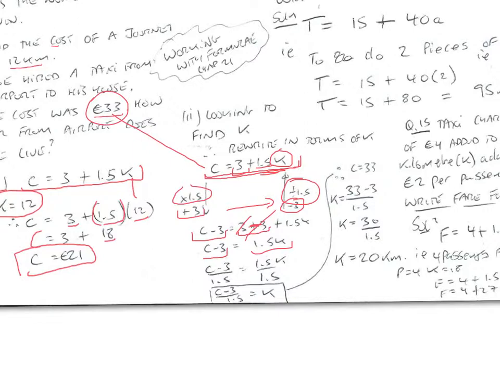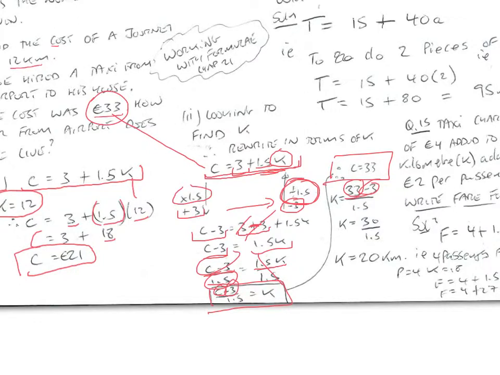So that means we now divide all terms by 1.5, so we rewrite our C minus 3 over 1.5 and our 1.5K over 1.5. They will cancel, so K will be equal to C minus 3 divided by 1.5. Okay, and in this case C is equal to 33, so K is equal to 33 minus 3, all over 1.5.